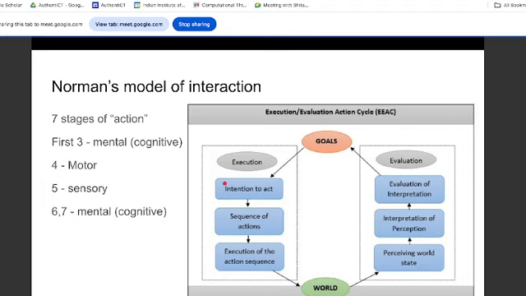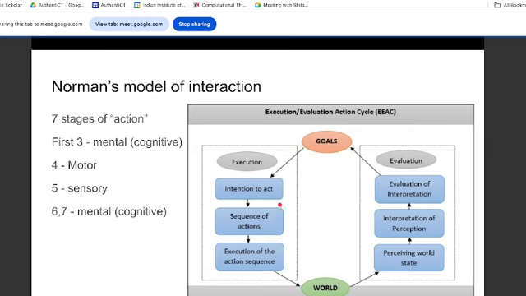So I have the intention to act. So I form this mental intention that I will open this phone, I will go to messages, and I want to type a message. So I have some message intention to perform. So that is the kind of mental element in the first stage, the intention to act.